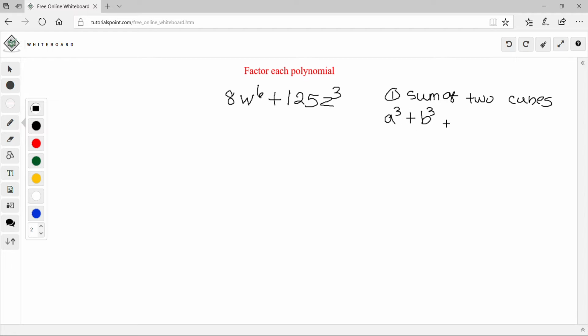This is basically the rules for factoring polynomials from that one video. I'd highly recommend you memorize all these. So you have (a plus b) times (a squared minus ab plus b squared).